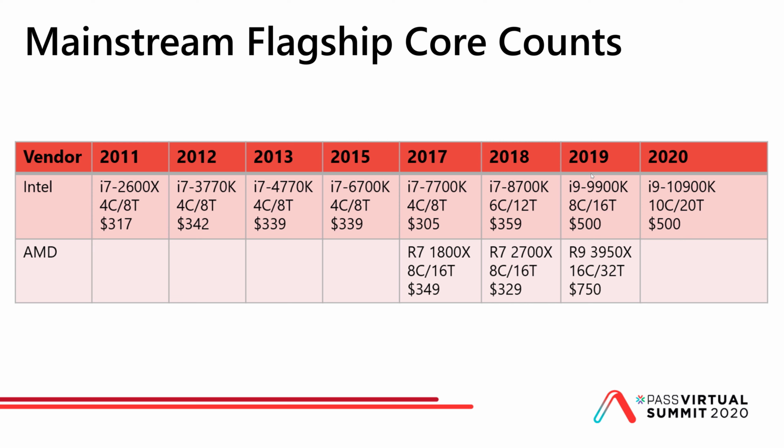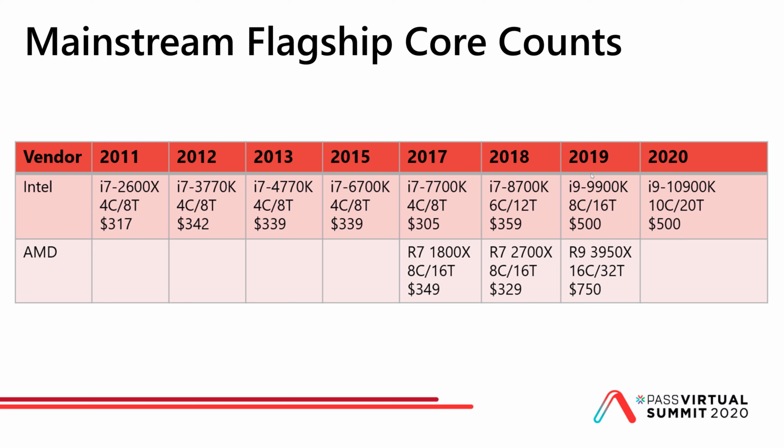The reason for that was that Intel had absolutely no competition from AMD. The AMD desktop processors of this era were just terrible. They could not compete at all with Intel. And so Intel just sat on 4 cores, 8 threads as the best you could possibly get for a mainstream desktop. Then they did it again in 2013 with Haswell.